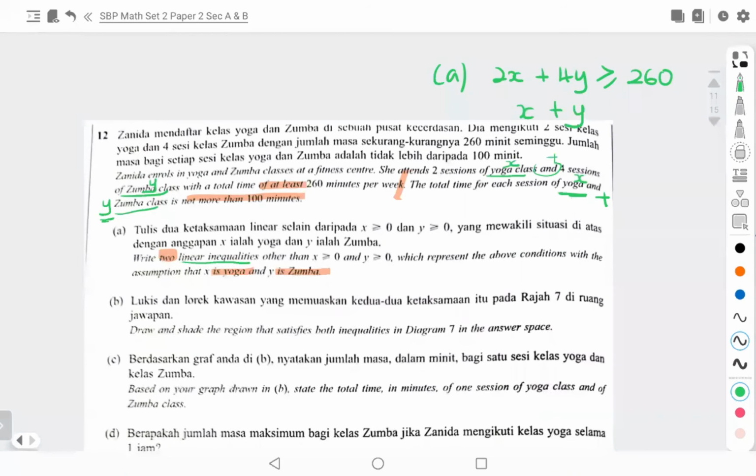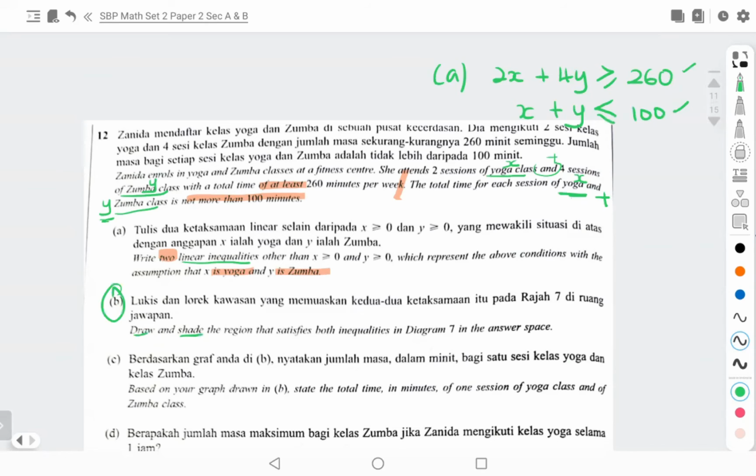Cannot be more than, so it will be less than or equal to 100. That's how you construct the linear inequality. So first, second. After that, follow with question B.